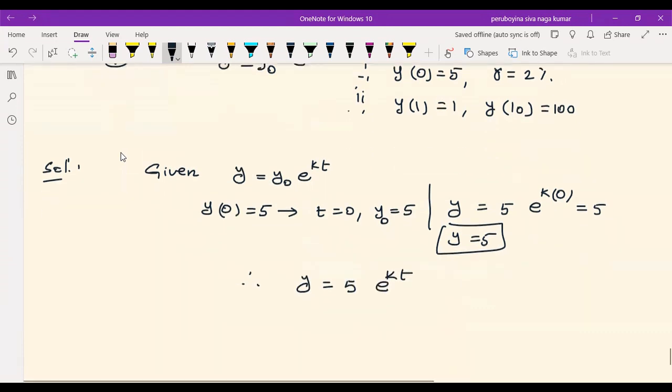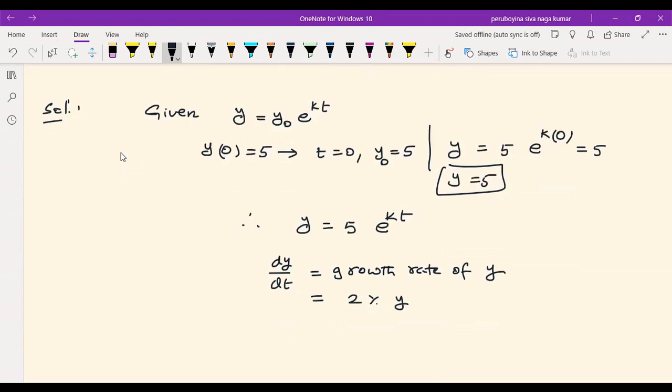Also, the growth rate was given to you as 2%. Okay. Growth rate means dy by dt, that is the growth rate of y. How much? 2% of y. 2% means 2 by 100.